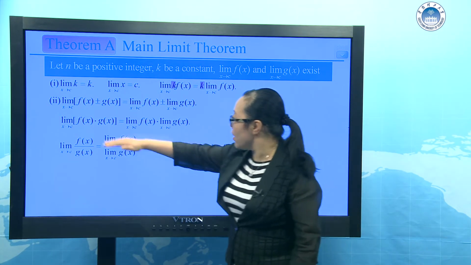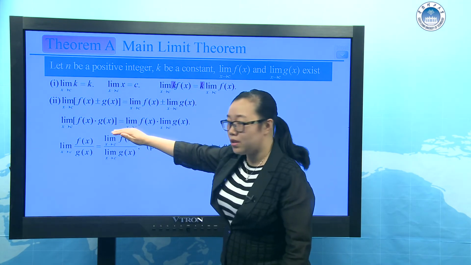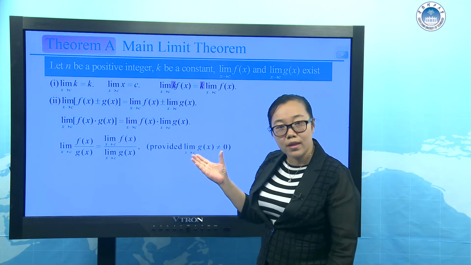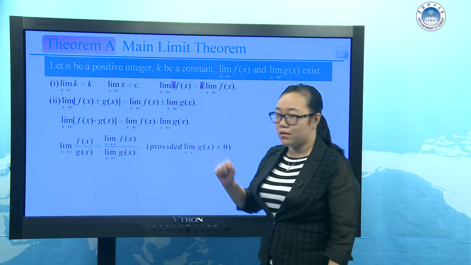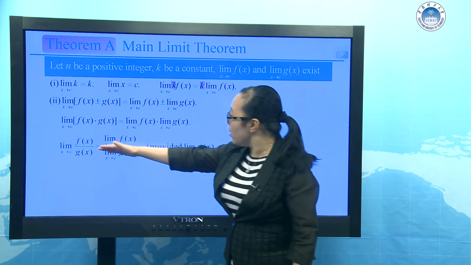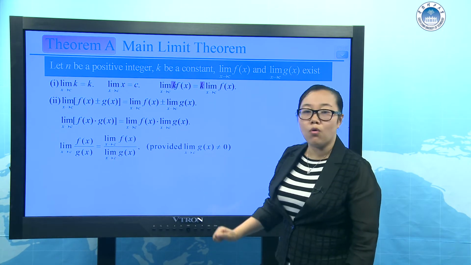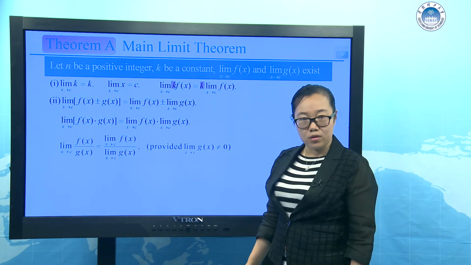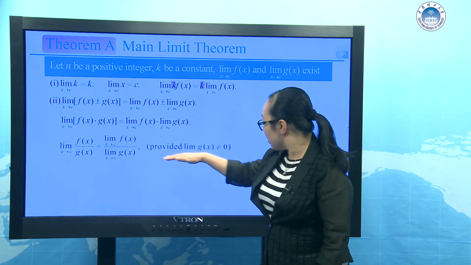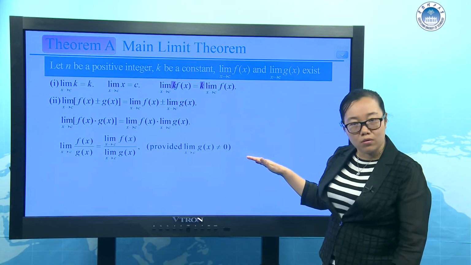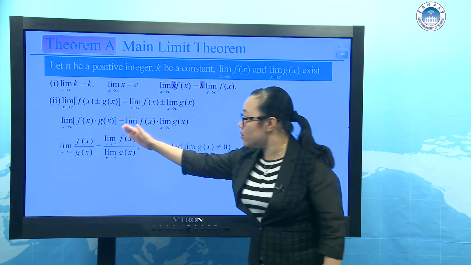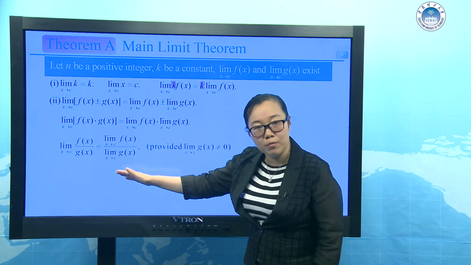And then the limit of f times g equals the product of the two limits. This one, the limit of f over g equals the limit of f over the limit of g. Pay attention that the limit of g(x) doesn't equal 0. This means this expression has mathematical meaning.